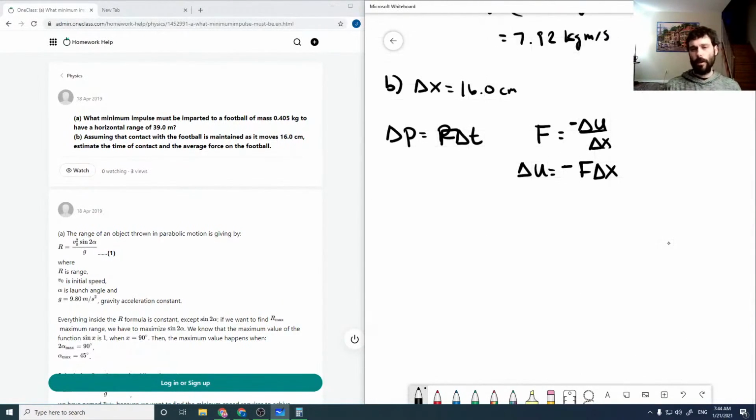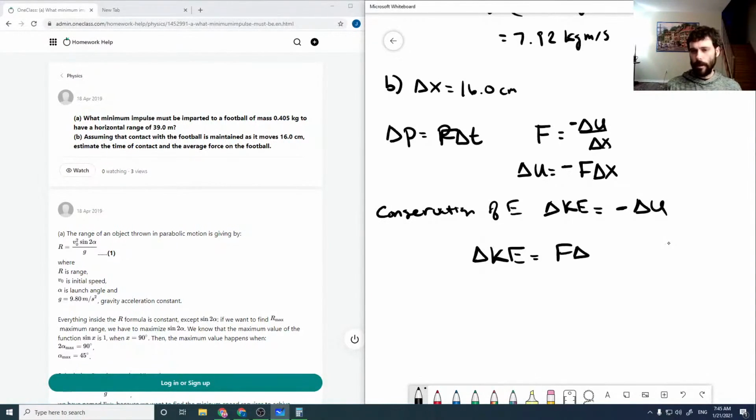But we know from conservation of energy that delta KE is equal to minus delta U. So that means that our delta KE is F delta X. Our delta KE is 1/2 m vi squared, or we could write this as Pi squared over 2m.